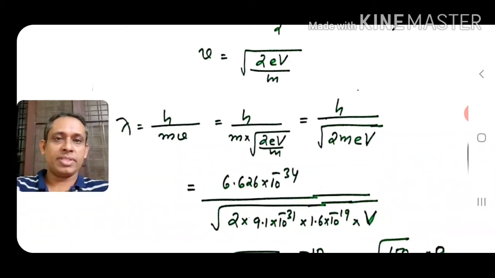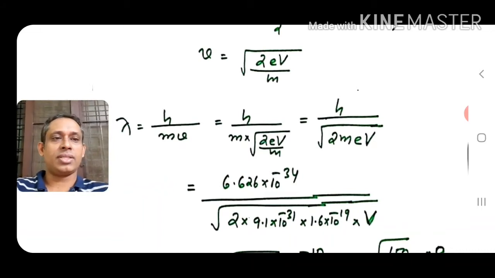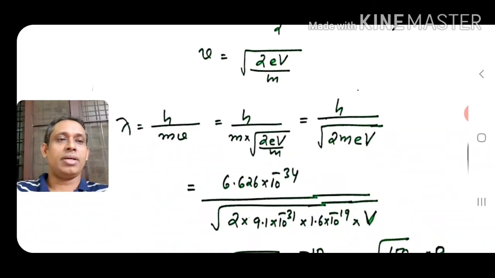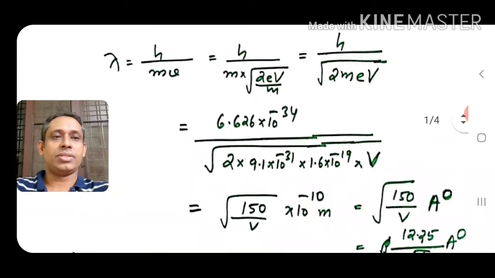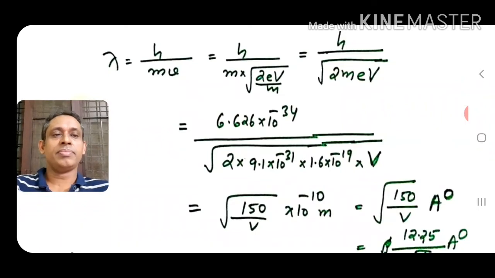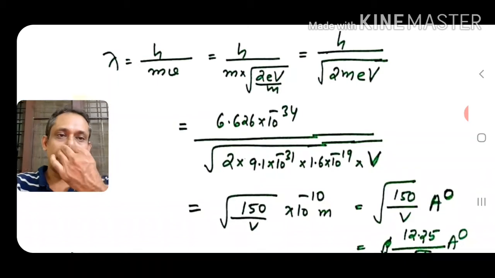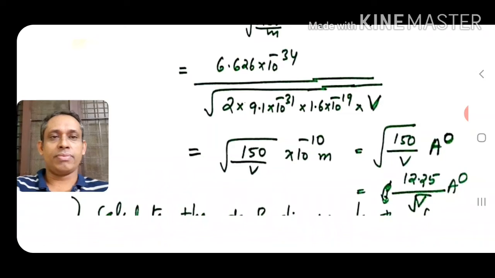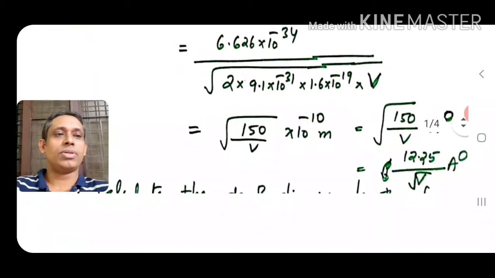When we substitute for h, for the mass, and for the charge of the electron, we get root 150 by V Angstrom, that is, times 10 raised to minus 10 meter. So that is Angstrom.